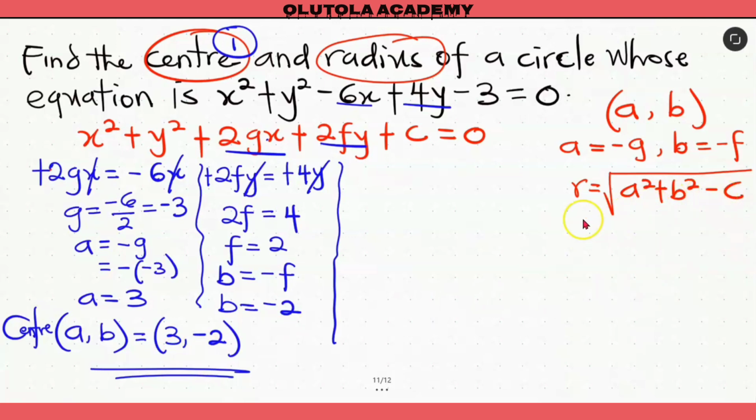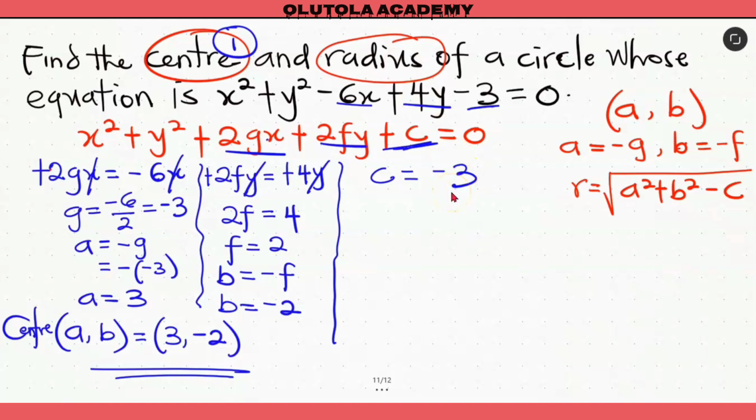Now c will be gotten by comparing this with this. So c equals negative 3. So I've gotten c right away. Now I can put a, b, and c right into this equation to get the radius.